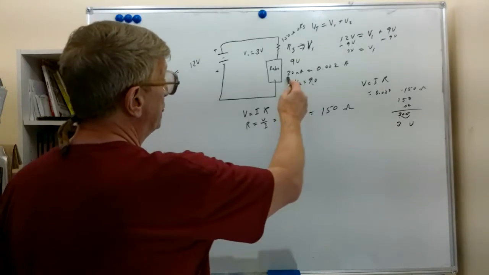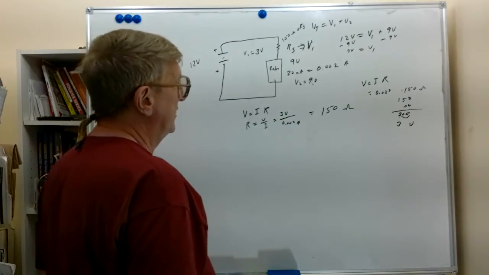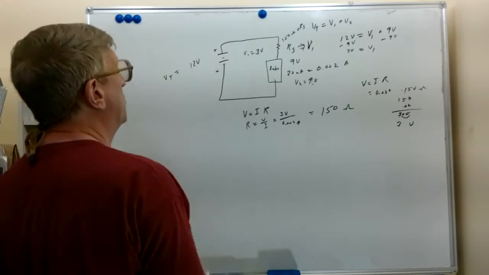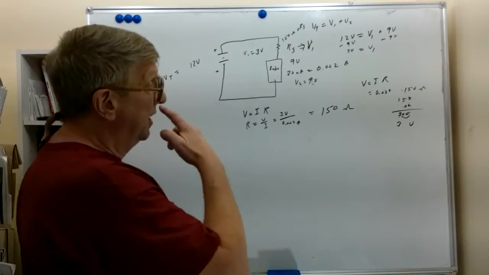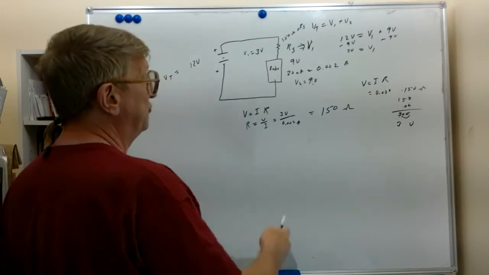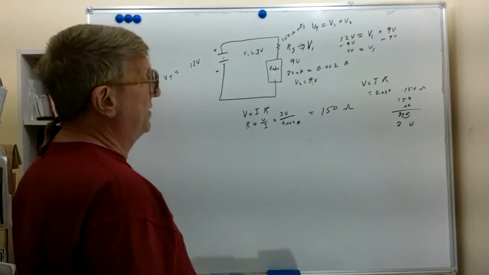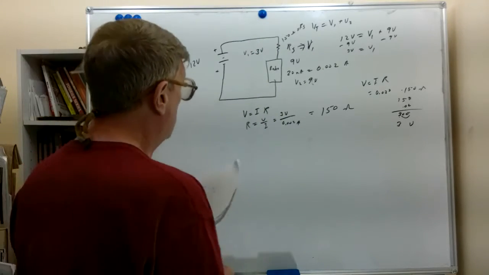If you had a larger current, you wouldn't need as big a resistor to drop the required 3 volts. If you drew lesser current, you would need a much bigger resistor to drop the required 3 volts.